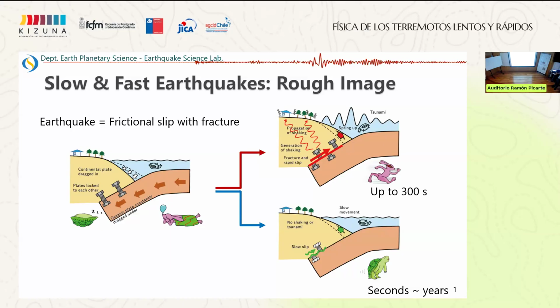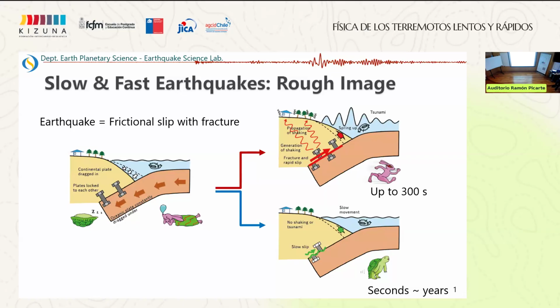The different thing is it slips very slowly. For an ordinary earthquake, even if it is a very large earthquake, the duration of this kind of phenomenon is up to several minutes, it cannot be tens of minutes.